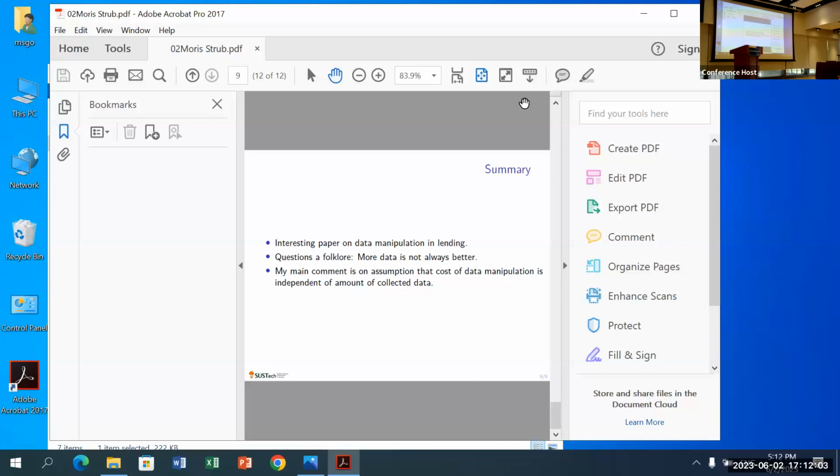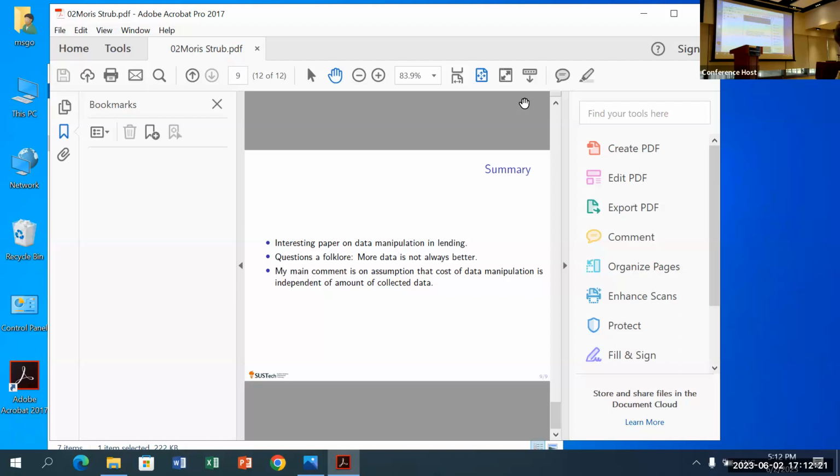I think we can incorporate that as a possibility by making the manipulation cost a function of the data coverage. Higher data coverage will make it more costly to manipulate.